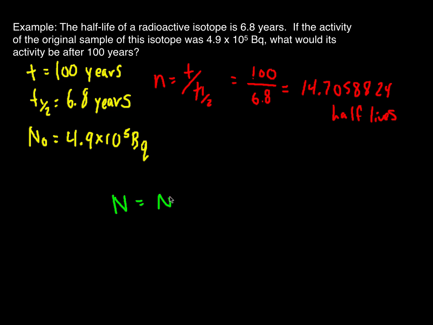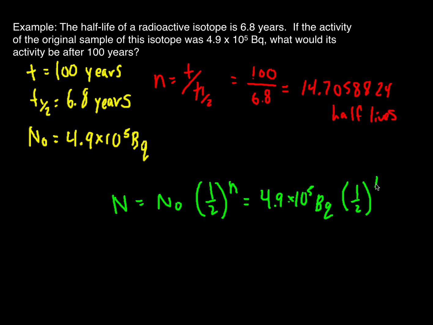N equals N naught, 1/2 to the power of n. So N naught is the original activity rate, which is 4.9 times 10 to the 5 becquerels, times 1/2 to the power of 14.70588824. This gives us a value of 18 becquerels remaining after 100 years.